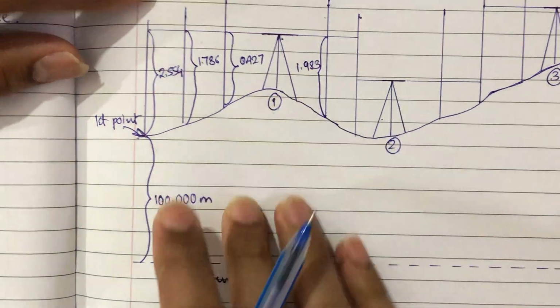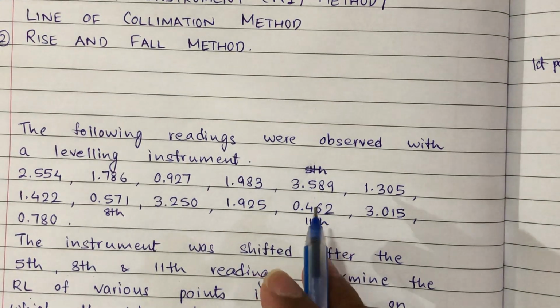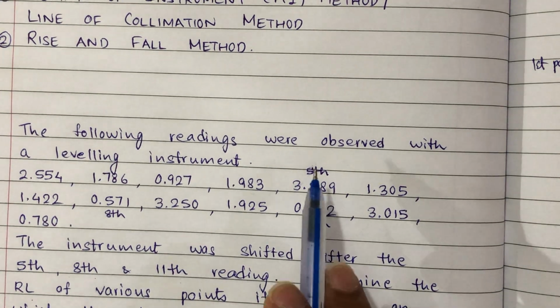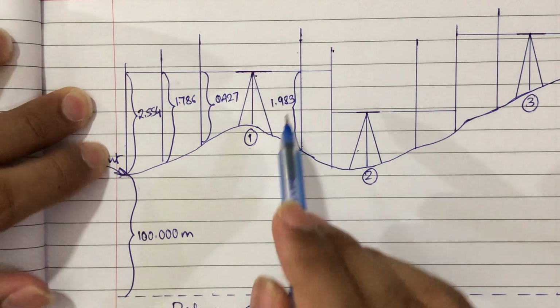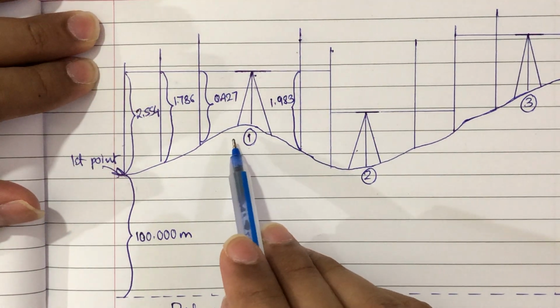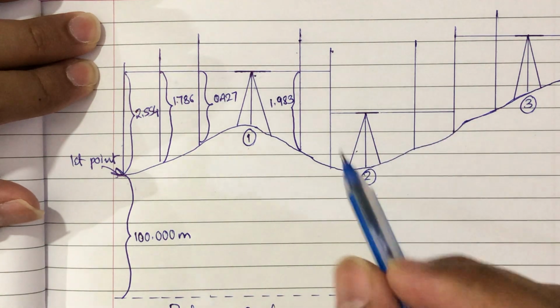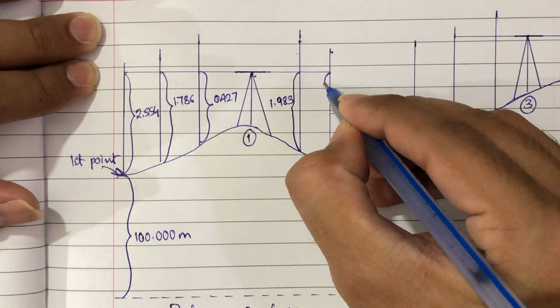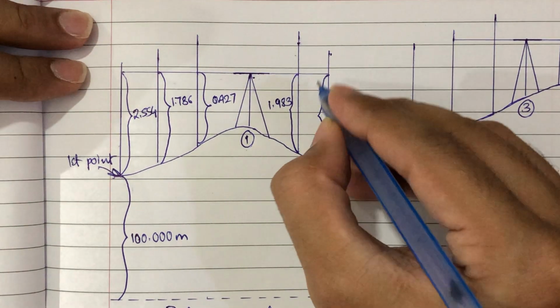Then the fifth: after the fifth reading, the instrument changed its position. Means the instrument was first at point 1, then it changed its position to point 2 after the fifth reading. So suppose this is the fifth reading, and the fifth reading came out to 3.589.